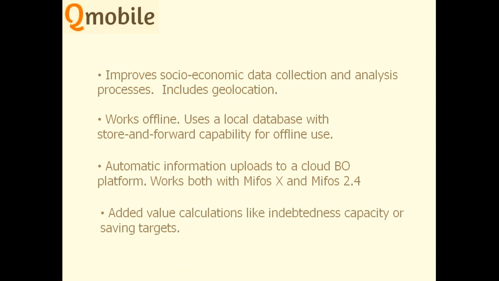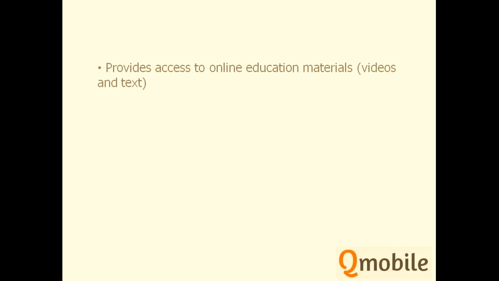It generates added value calculations from the socioeconomic survey, like the indebtedness capacity or savings targets, but we can generate any other calculation that we would like from this survey. It already provides access to online education materials, and it is going to be linked to the Cloud Inclusion education area, a website we will launch in about a month, which is going to have a special area for education around social inclusion.